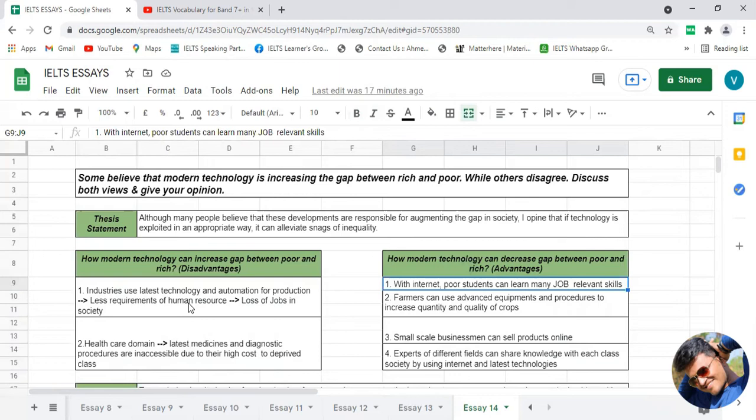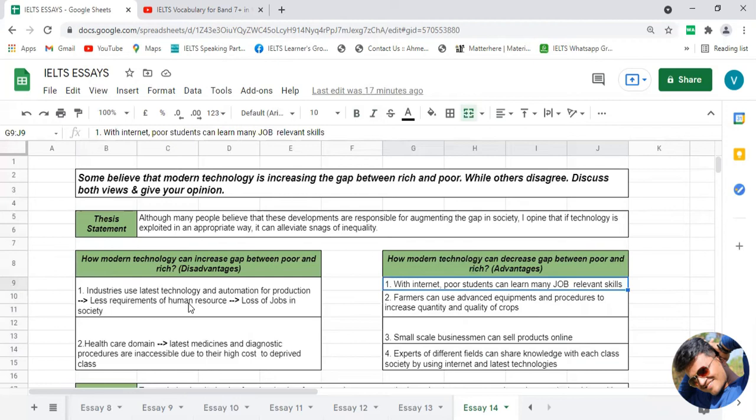Okay, so with the internet, poor students, or students who belong to poor families, can learn so many job-relevant skills, so many business-relevant skills, without spending too much money.